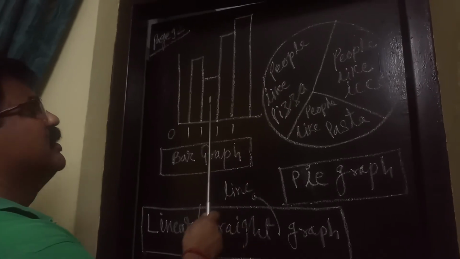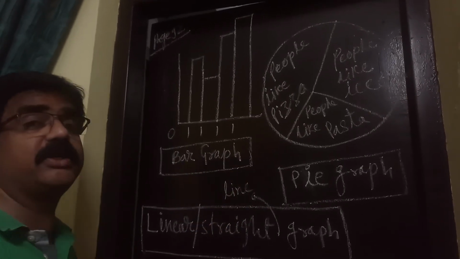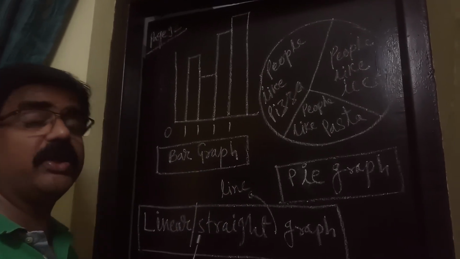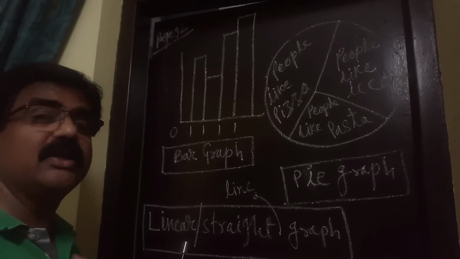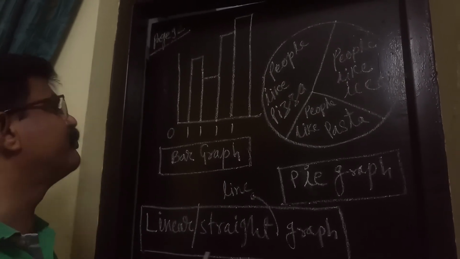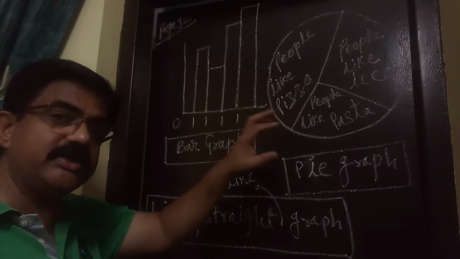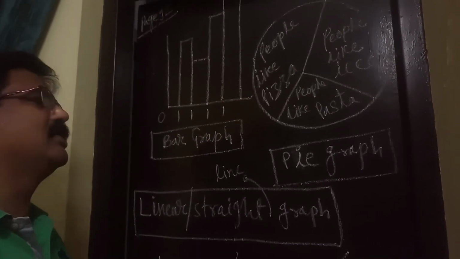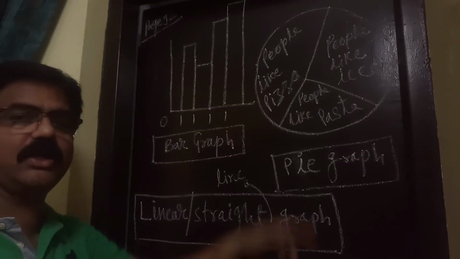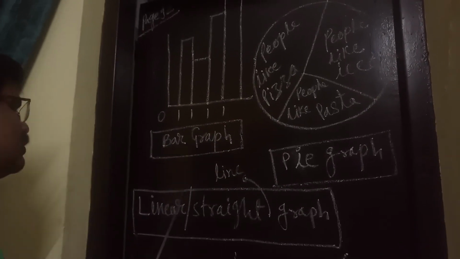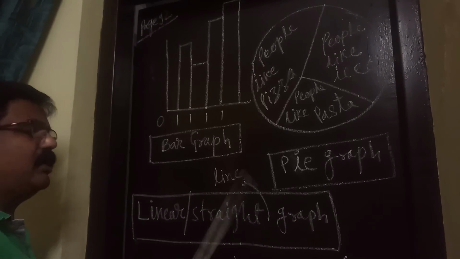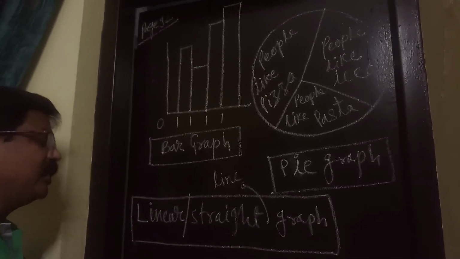This is pictorial representation, because pictorial representation gives us a clear understanding. How we draw these graphs we will learn in higher classes. This is not part of your syllabus. So only the third, linear or straight line graph, we are studying.